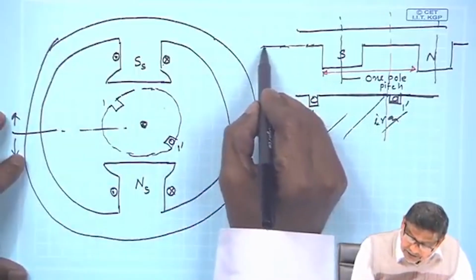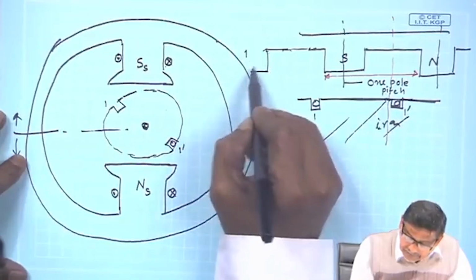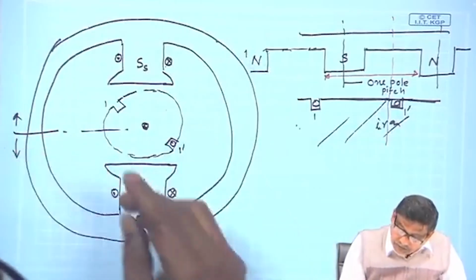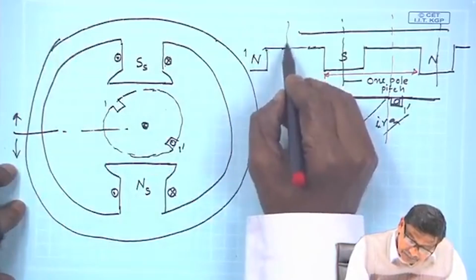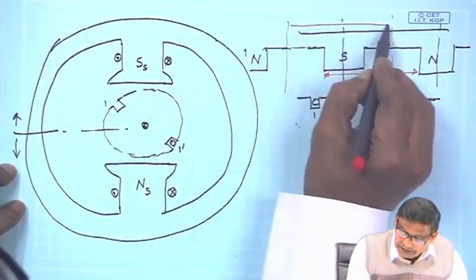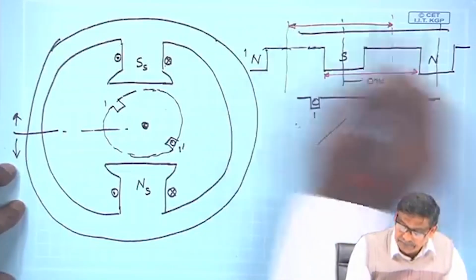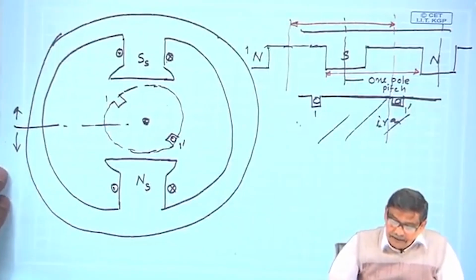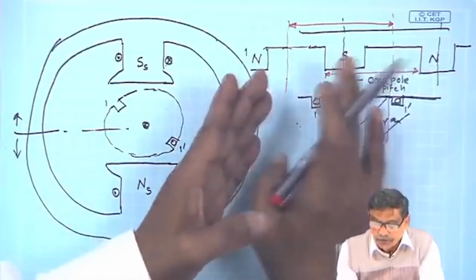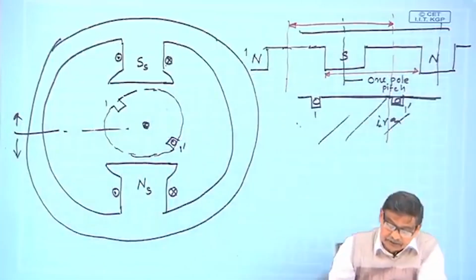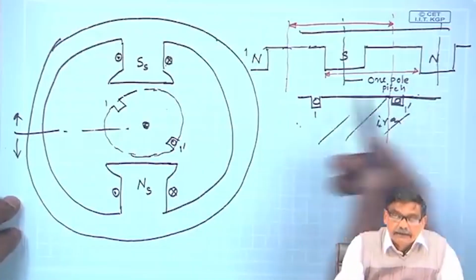Once again you will see north here. So the center of this and the center of this is also one pole pitch. From this to this, you have finished the south pole, so the pole pitch is this.